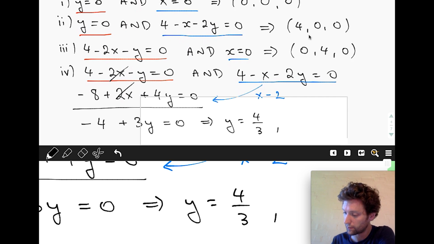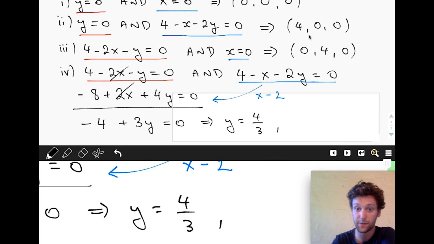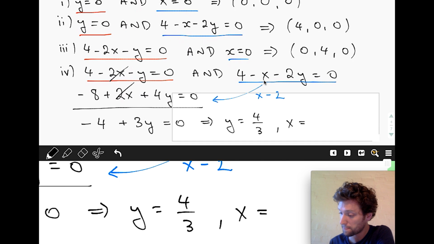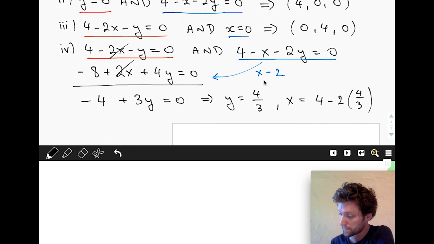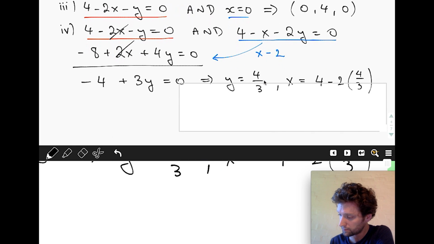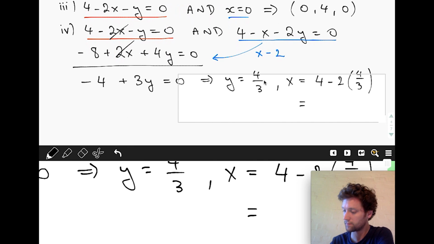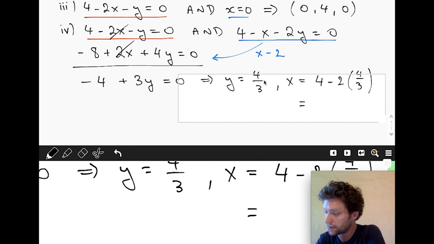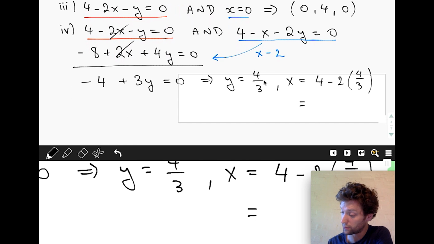Let's go back and solve for x. Using the blue condition up here, x will be equal to 4 minus 2 times y, which is 4 minus 8 over 3, which is 12 minus 8 over 3, which is 4 over 3.